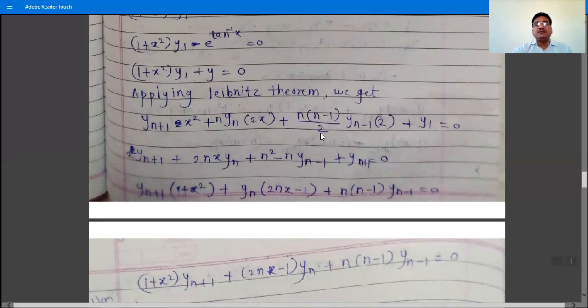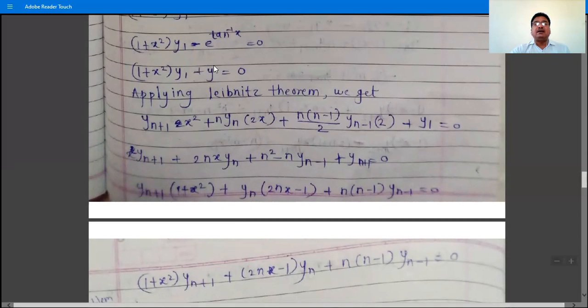Then n into n minus 1 by 2 factorial, that is nC2. Then un minus 2, that is the n minus 2 order derivative of y1, which is yn minus 1, into v2, the second order derivative of 1 plus x square, which is 2, and the remaining terms are 0.